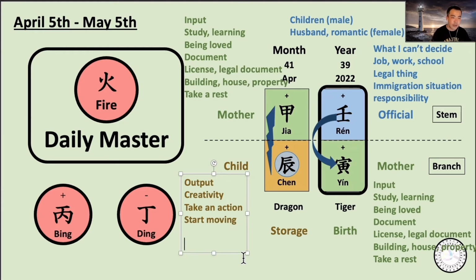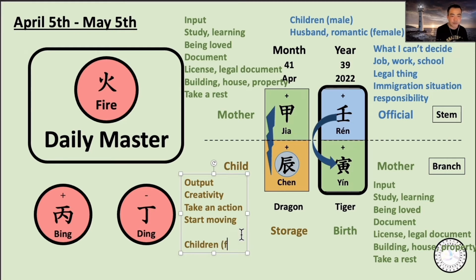So in this month, Fire Daily Master becomes more creative. It is becoming more balanced in this year. Like input and output are making a balance. Input is still higher, but output is helping the creativity aspect for the Fire Daily Master in April.